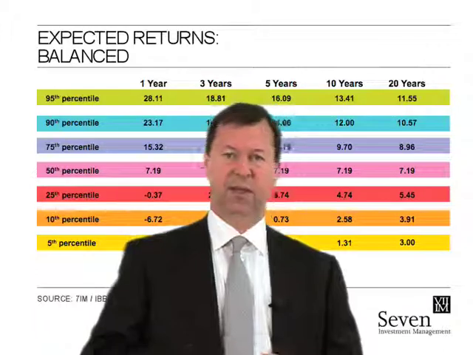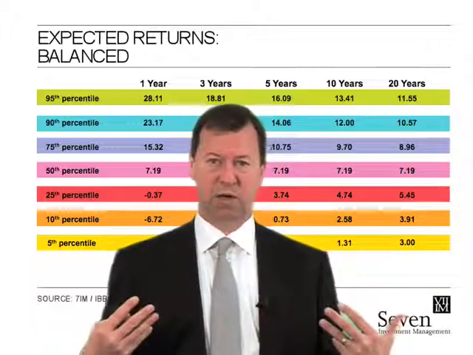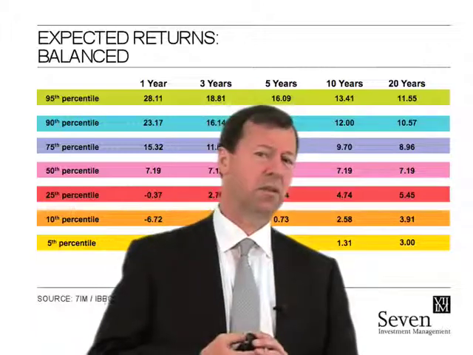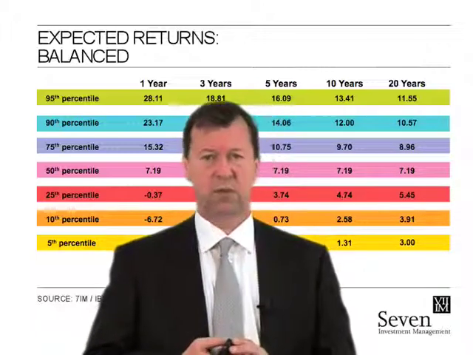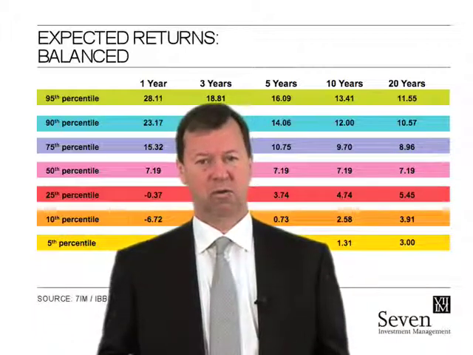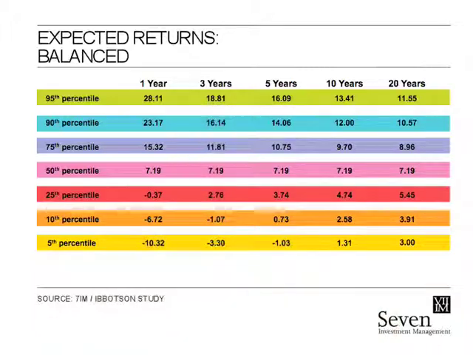The second thing that the FSA has been asking us as asset management firms to tell investors is how much money they could lose. So what we've also done is we've calculated what those asset classes would have returned over time, historically speaking, for 1-year periods, 3-year periods, 5-year periods, 10 and 20.